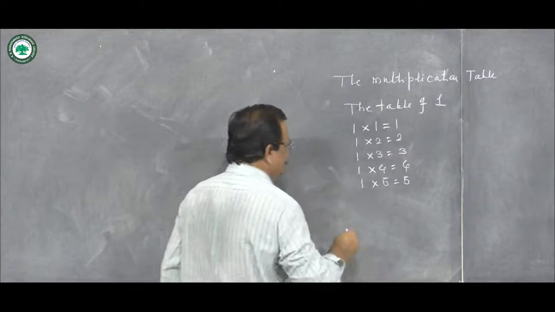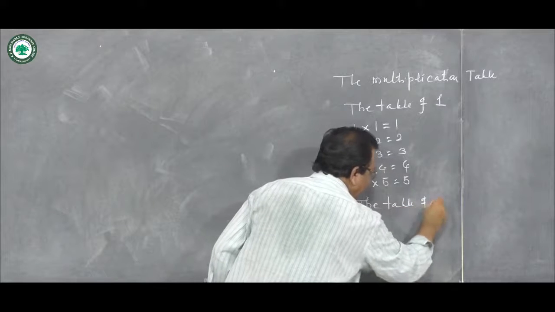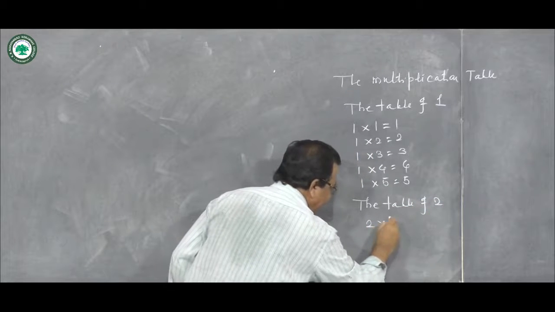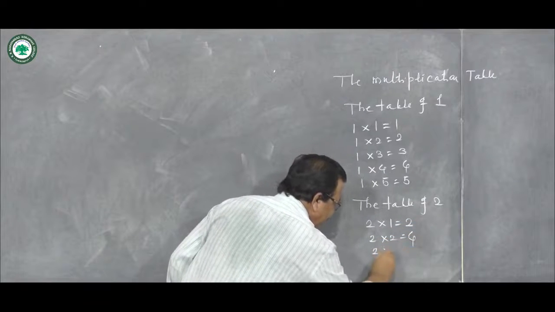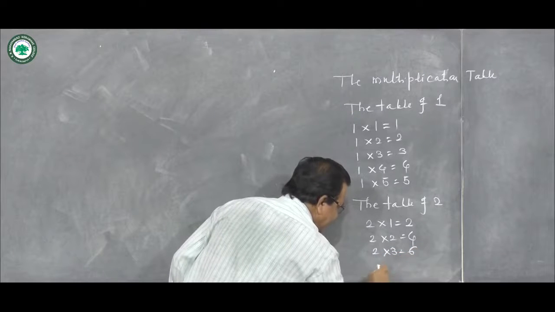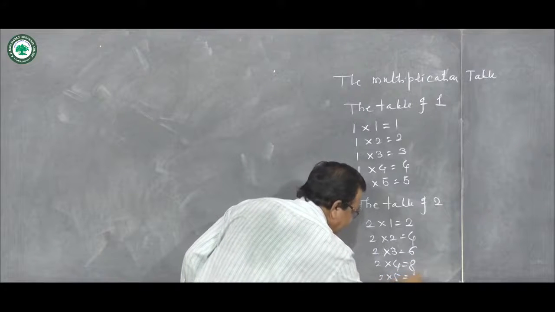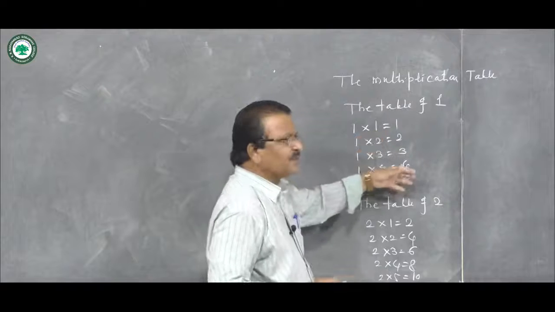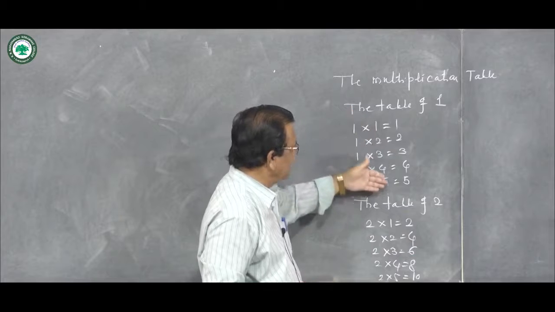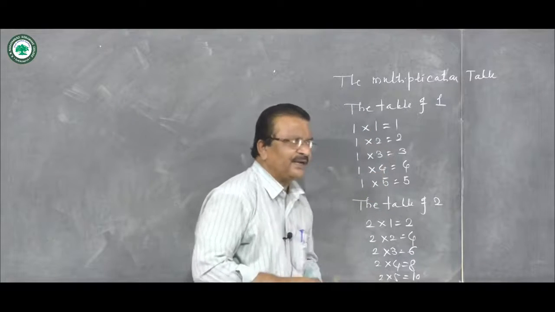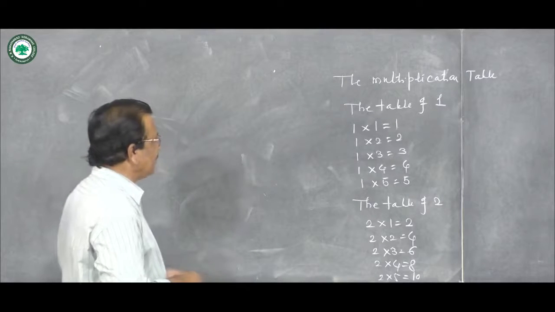And then next, the table of 2. 2 multiplied by 1 is 2, 2 multiplied by 2 is 4, 2 multiplied by 3 is 6, 2 multiplied by 4 is 8, 2 multiplied by 5 is 10, and so on. Even though I have written it up to only 5, you can go up to 10. So these are the various tables that one can generate from this particular program.